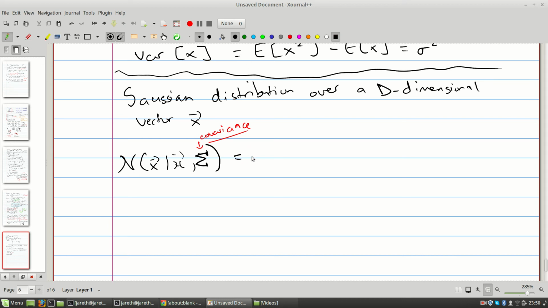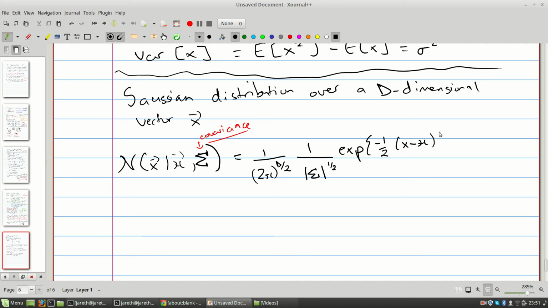And this is equal to 1 over 2 pi to the d over 2 times 1 over, so we look at this covariance matrix and take it to the power of a half, times the exponent of minus 1 over 2 x minus mu.